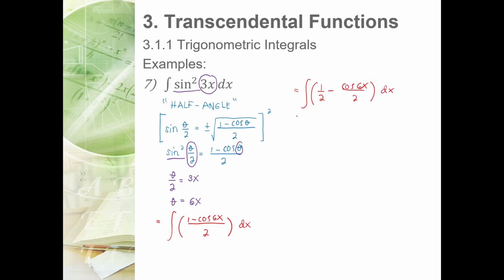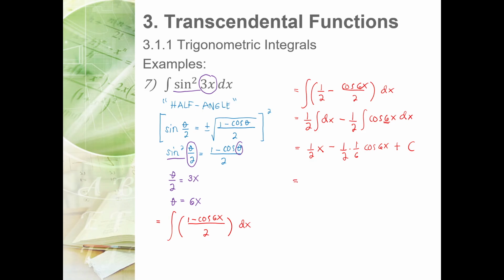Isolating even further, we have 1/2 integral of dx minus 1/2 integral of cosine 6x dx. So we have 1/2 of x minus 1/2. If you have a coefficient of the angle, we need to get the 1 over a, so that's times 1/6 of cosine of 6x plus c.